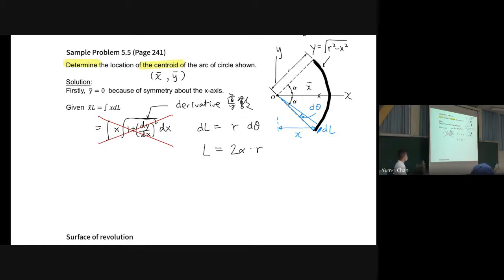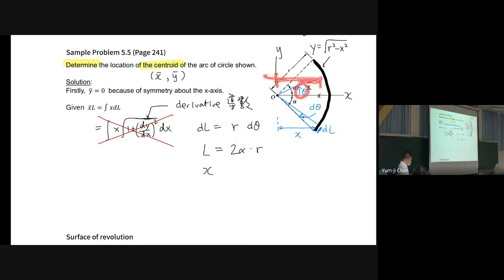Now, how about x? Can we write x in terms of theta? We take theta as positive. If we know the angle theta, can we know this distance x?